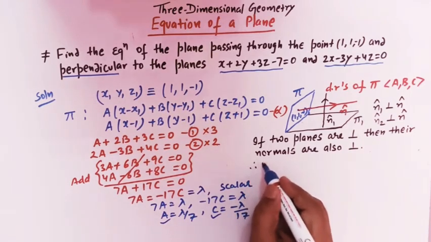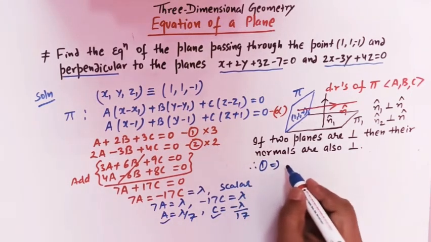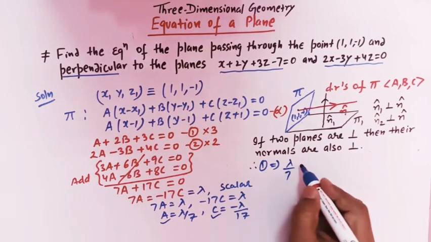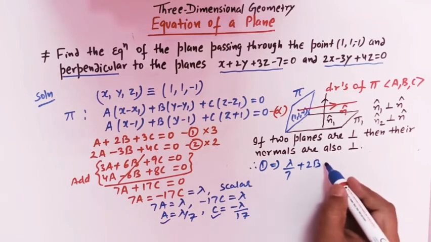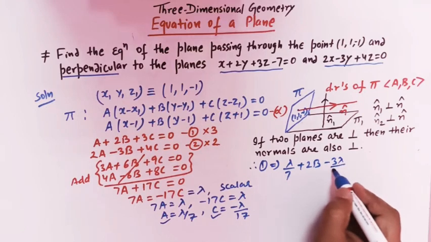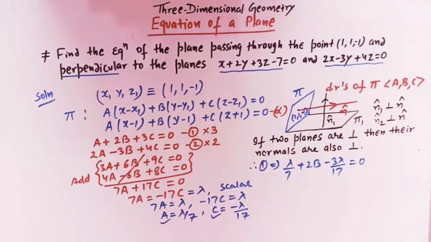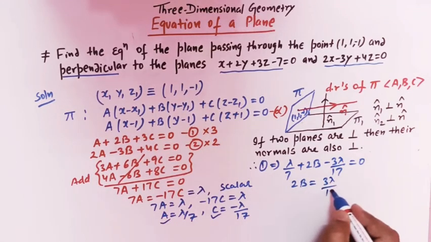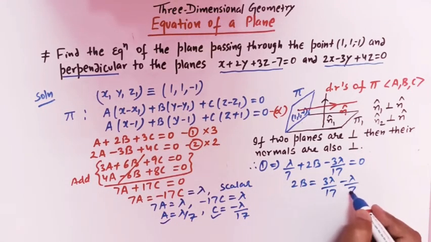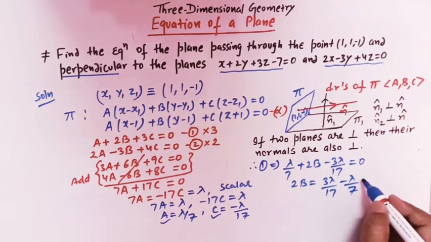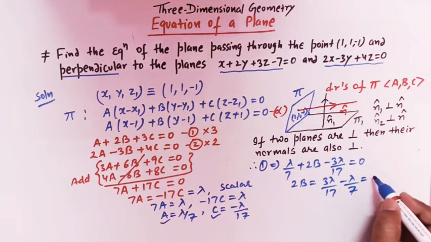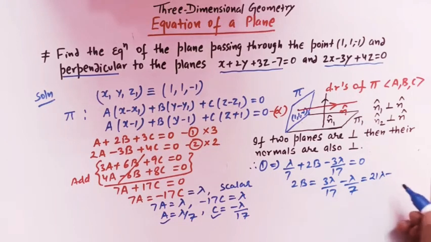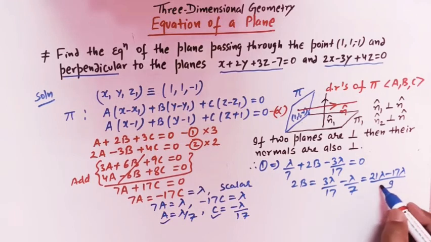So therefore we have lambda over 7 plus 2b, and then we have minus 3 lambda over 17 is equal to 0. So 2b can be written as 3 lambda over 17 minus lambda over 7, and this can be simplified as 21 lambda minus 17 lambda over 119, right?